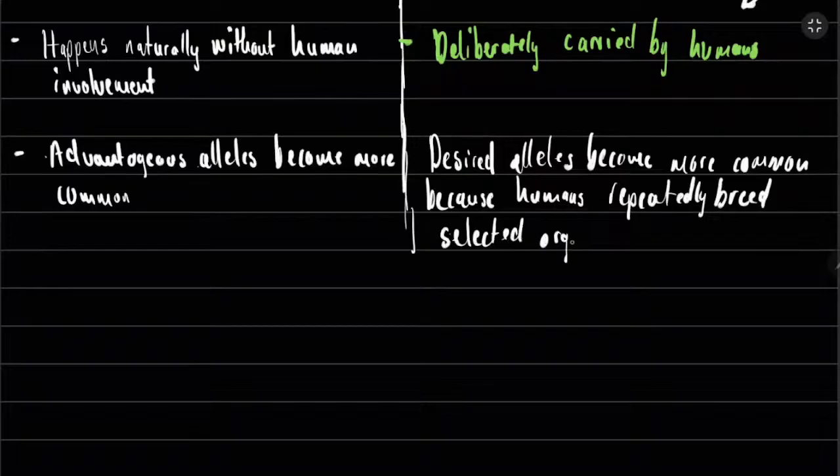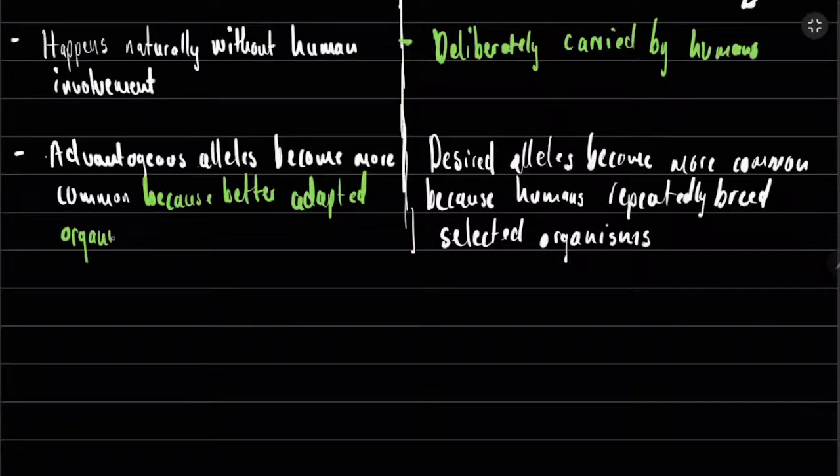Here, advantageous alleles become more common because better adapted organisms survive and reproduce. So are we okay with this part? This table?